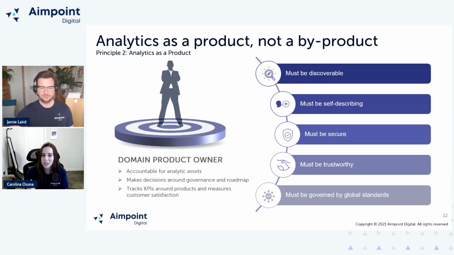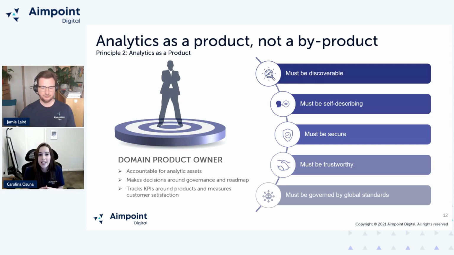Well, it must be discoverable. Ideally, this would be through implementing some sort of data catalog that can help users find the analytics that is relevant to them, as well as enabling them to be able to understand the lineage of the data that's being used in these analyses. And each of these analytic assets must be available on the centralized data catalog so that their customers can find them.